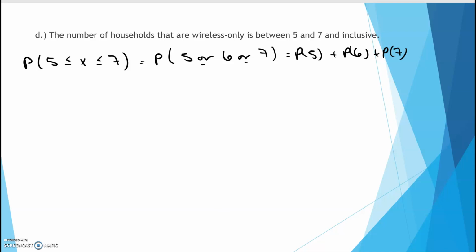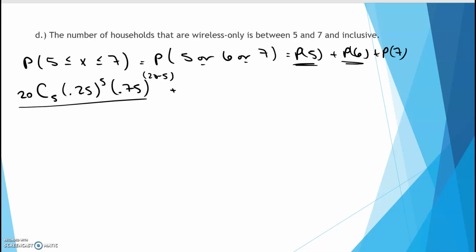So this is going to be 20, because we're still looking at 20 houses max. Combinations 5, and then probability of success, which is still 0.25 raised to 5. Probability of failure, 0.75 raised to 20 minus 5. Plus, that was just 5 right there. Now moving on to 6.